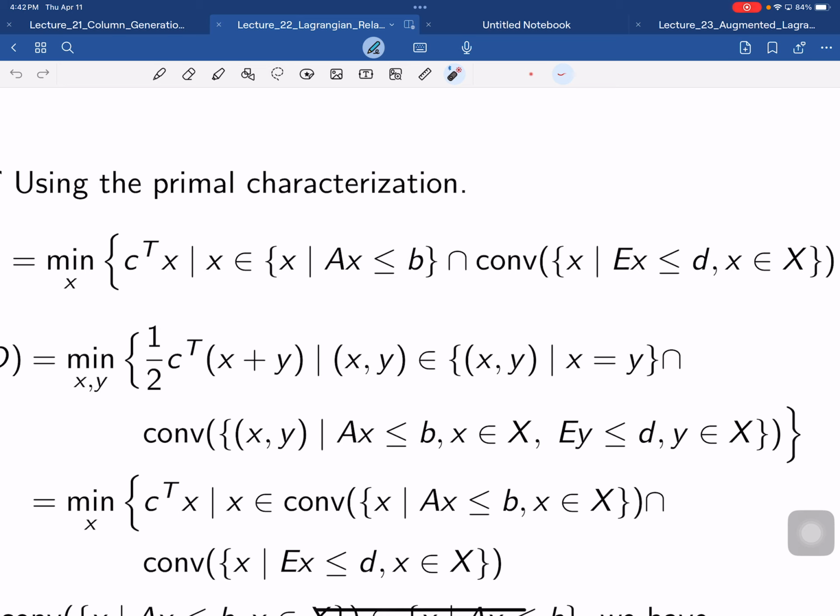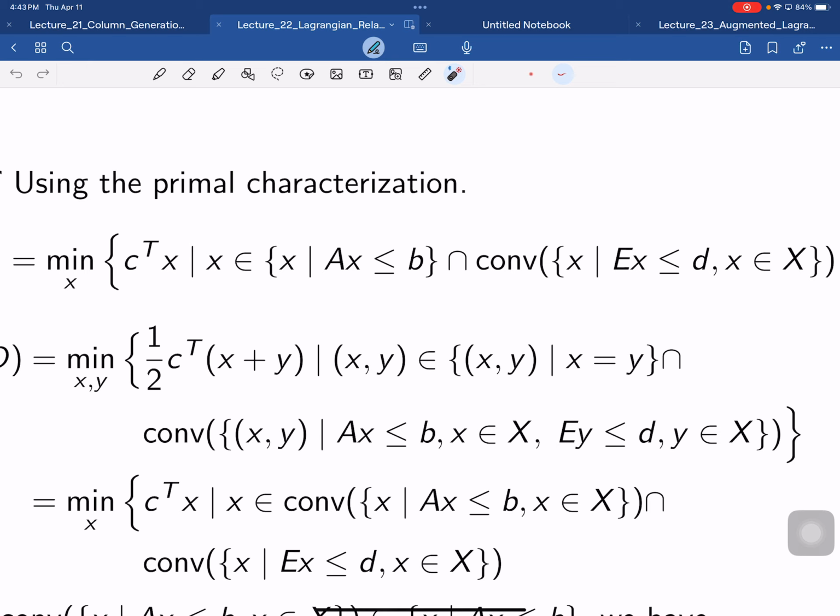The first set is the complicating constraints you dualize, and now you are working in the domain of both x and y variables instead of just the x variables. Then you intersect with the constraints you did not dualize. In Lagrangian decomposition, that includes the set of constraints you solved in the Lagrangian subproblem, so those are the constraints related to x and the constraints related to y, and their convex hull.